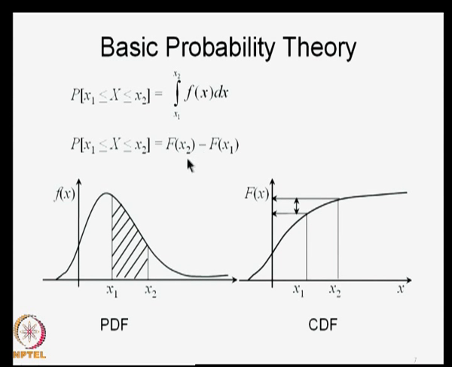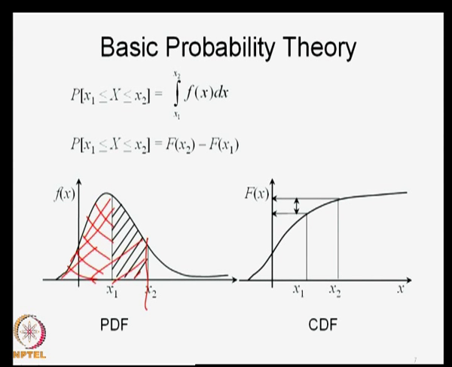From this it follows that it will be equal to F of x2, which is the area up to this point. All of this area together is F of x2 minus F of x1, which is this area, and that is how you get this particular area.